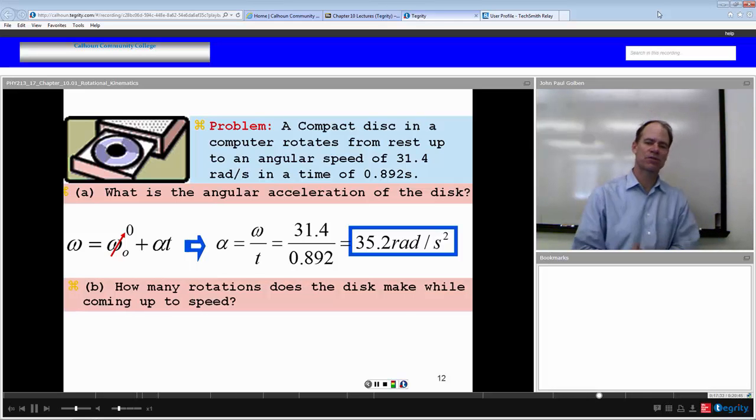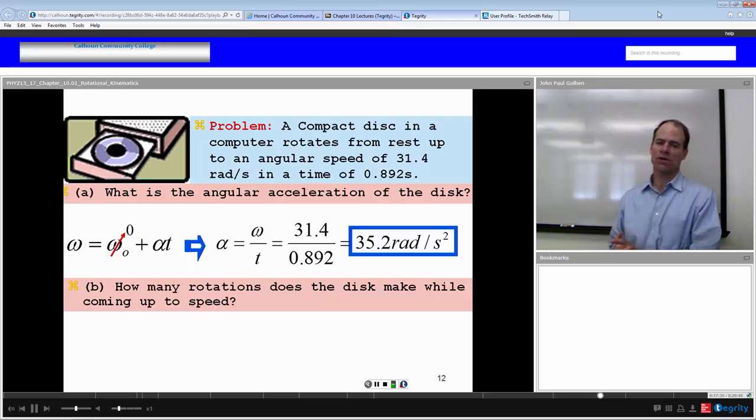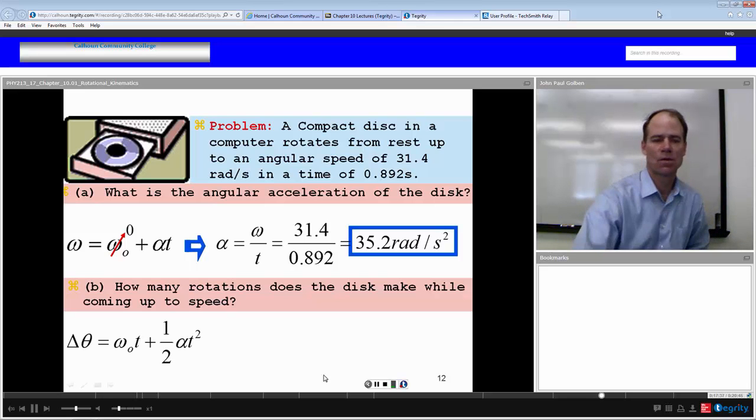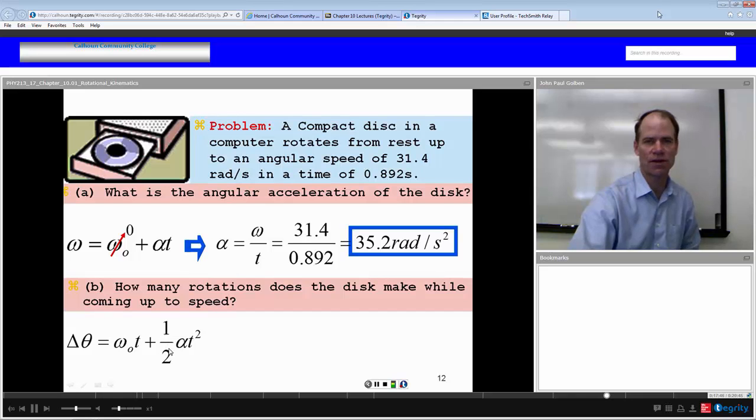How many rotations does the disk make while coming up to speed? Well, using rotational kinematic equation number 4, that's going to be our initial angular velocity times time plus 1/2 angular acceleration times time squared, but our initial angular velocity is 0.